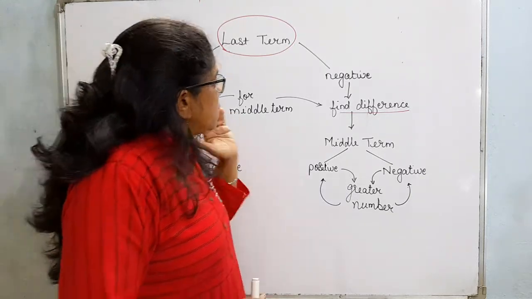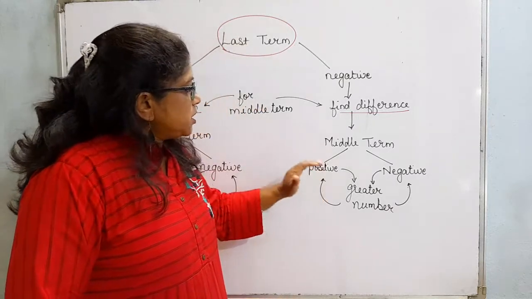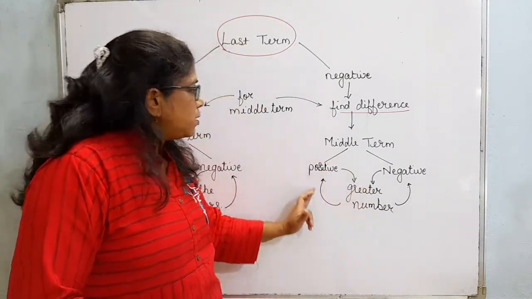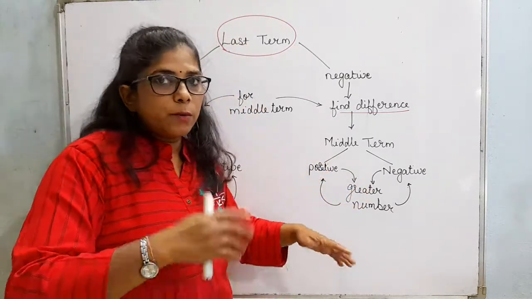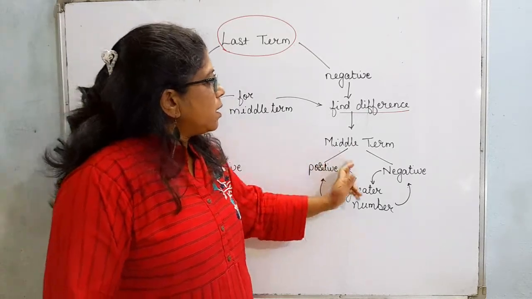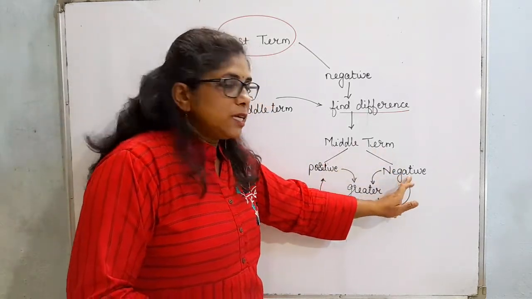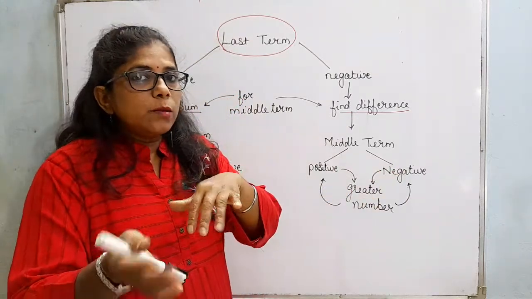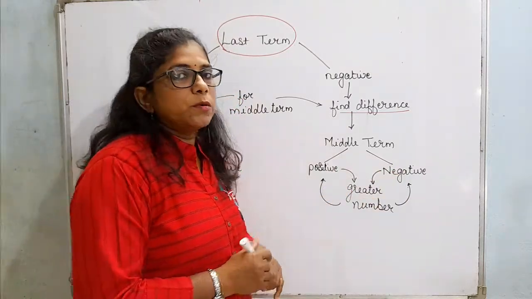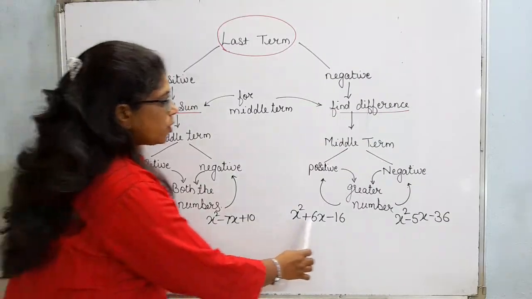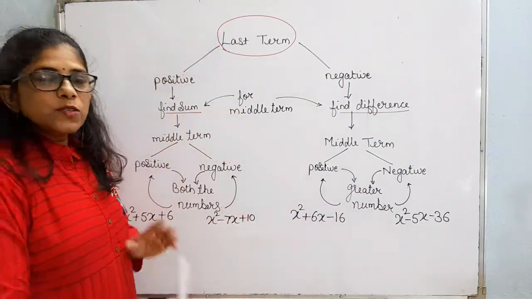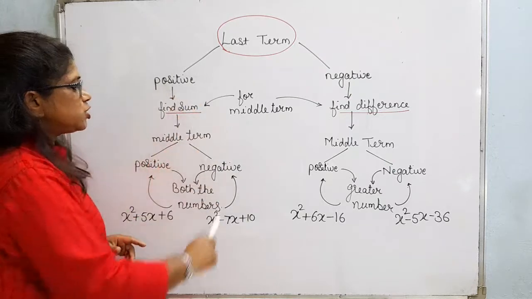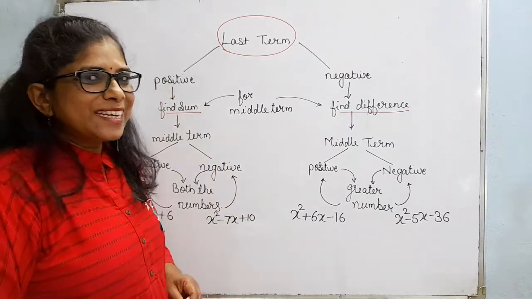So in this case, when the middle term is positive, the greater number is positive and the smaller number is negative. While if the middle term is negative, the greater number is negative, while the smaller number is going to be positive. These are the 4 examples which we have solved based on each type. You can watch the video once again and check it.